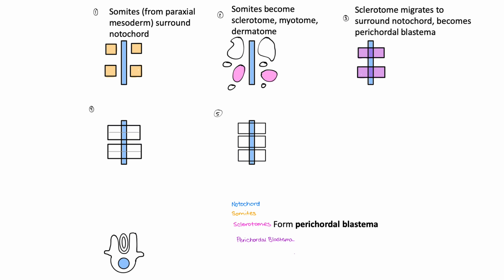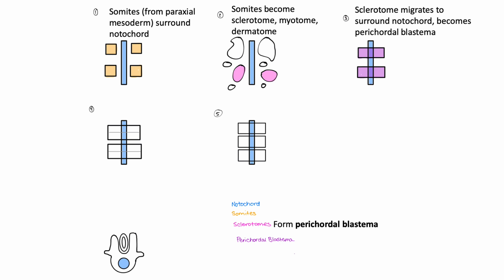Then we have, so step 1, somites are going to be in this beigey color. Somites are made from paraxial mesoderm. They are going to start to surround the notochord. The somites then differentiate into sclerotome, myotome, and dermatome.